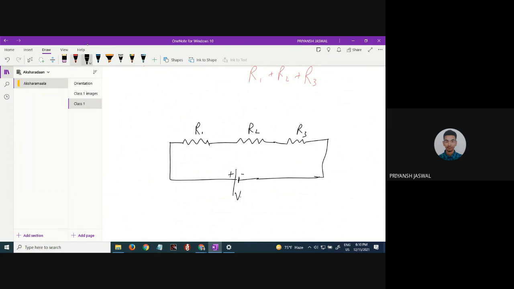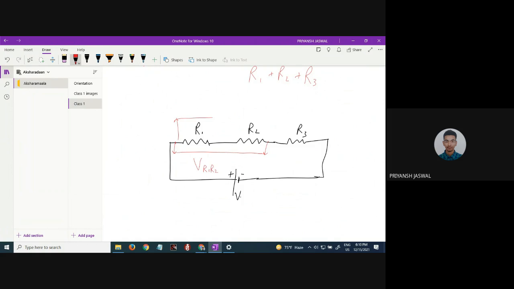Now suppose I want to calculate potential difference across the two combinations of resistance, which is R1 and R2. That is V underscore R1, R2.